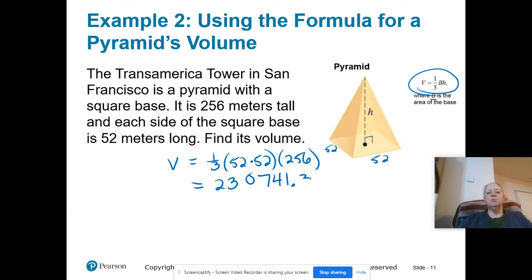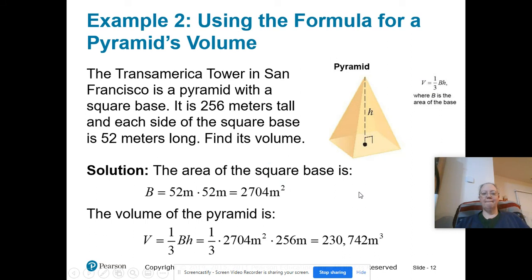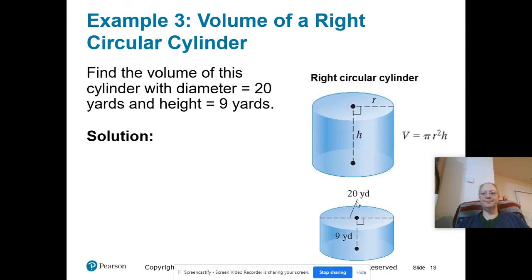We'll round it to one decimal place. Okay, it is meters and it's volume, so meters cubed. So 230,741.3 meters cubed would be the volume. They rounded to the nearest meter cubed. Okay.